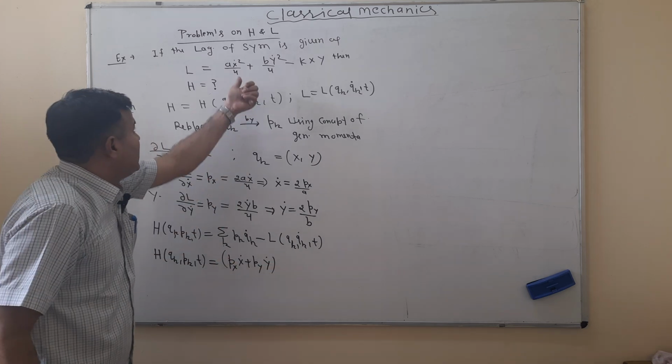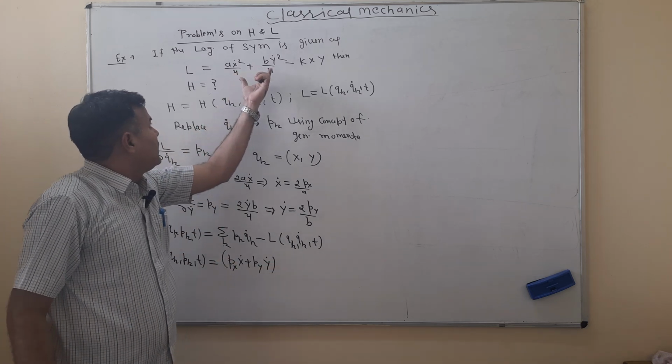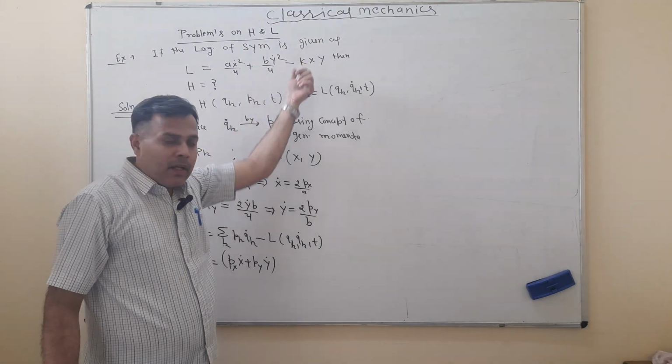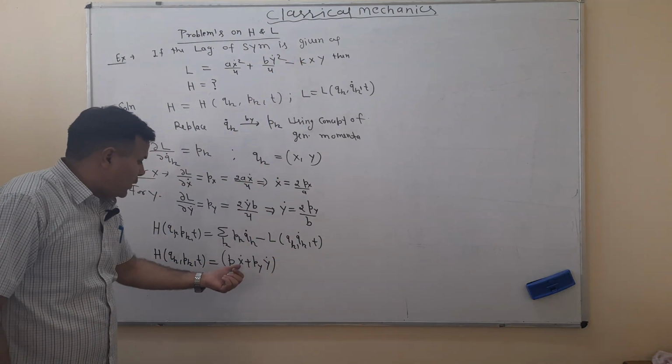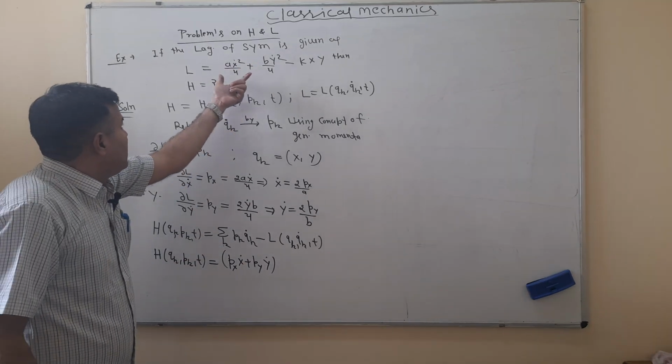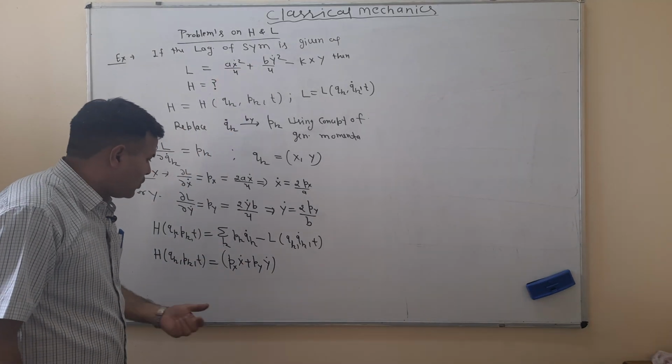If there were a z term, we could also write pz z dot, but fortunately we have only two generalized coordinates.